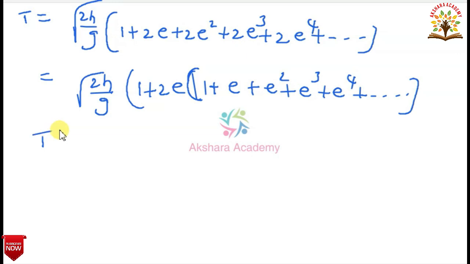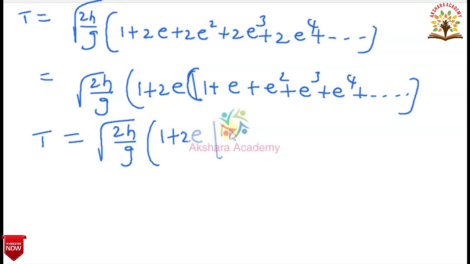So time taken is equal to square root of 2h by g of 1 plus 2e of 1 by 1 minus e.